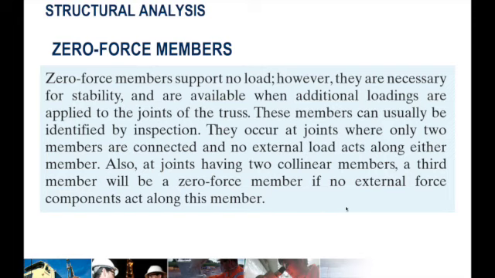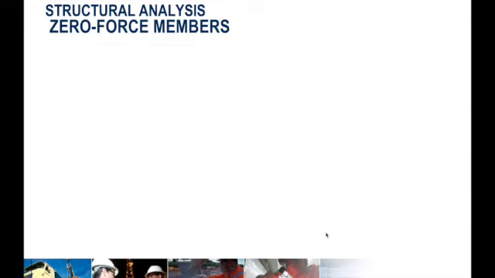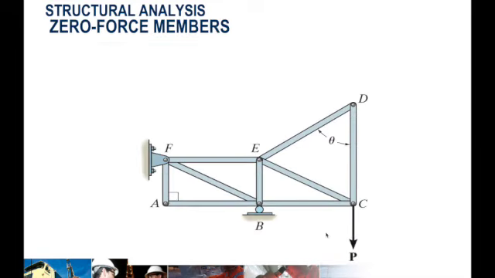Okay, so what we are looking for is either two members at a joint with no external loading or support reaction, or three members where two of these three are collinear. So let's examine some examples.